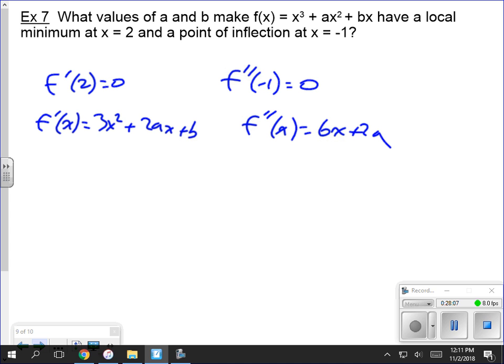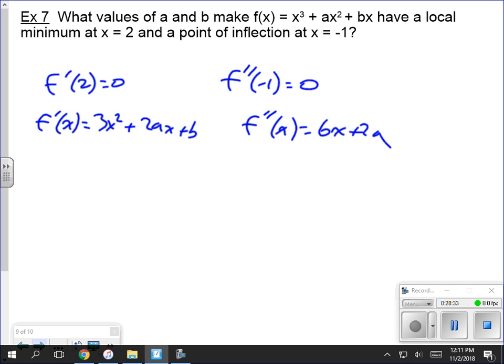How many variables am I looking for? I'm looking for 2 variables. I'm looking for A and B. X is technically not a variable for my solution, but I'm looking for A and B. I'm looking for 2 things. Here's the secret. If I have 2 things I'm looking for, I need to have 2 equations. I need to have 2 equations to find those 2 things.